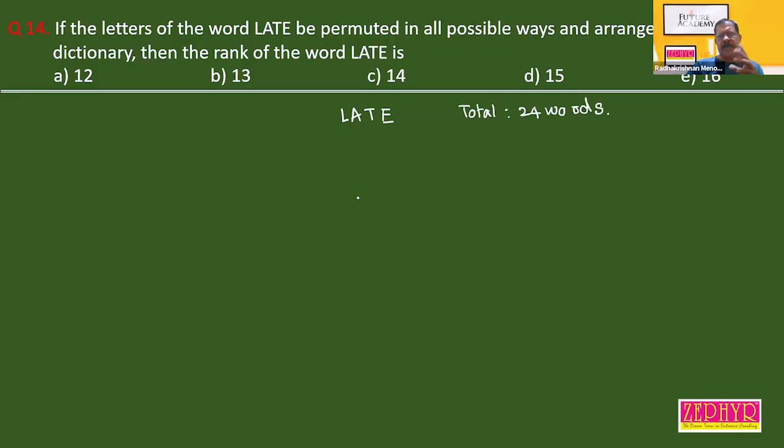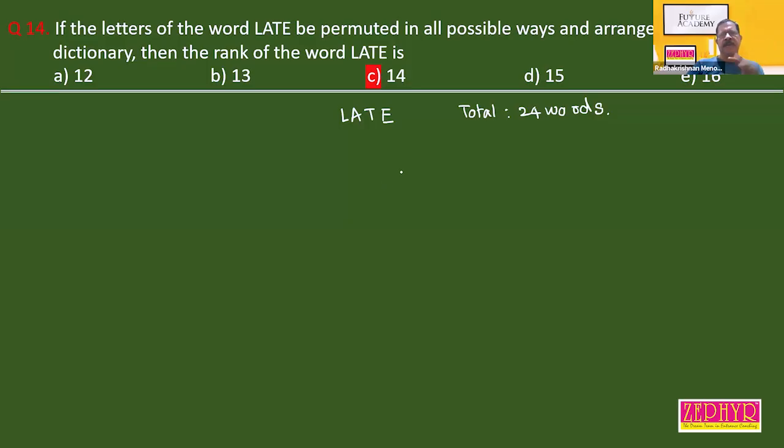Now, when you arrange all these 24 words in dictionary order, the words containing the first letter A will be appearing at the beginning. If you write all these 24 words in dictionary order, Sir, in which position is the word LATE? Answer for that question is 14.